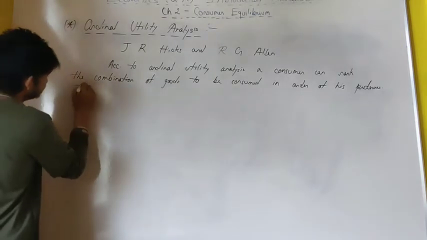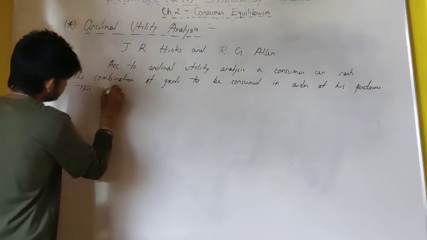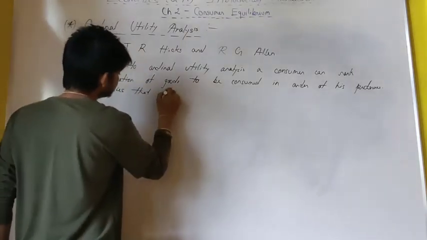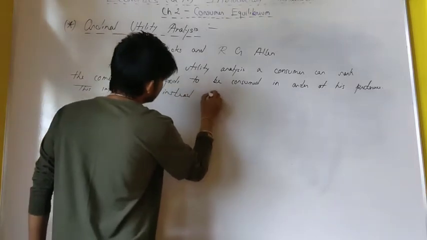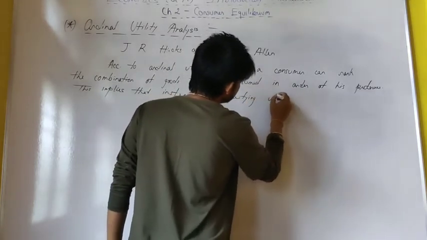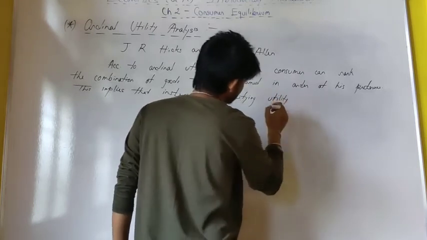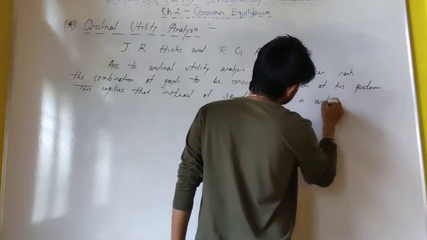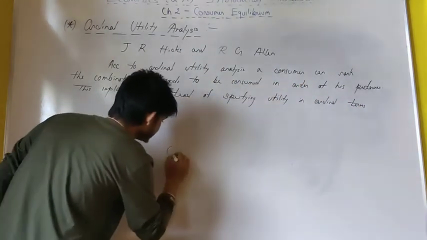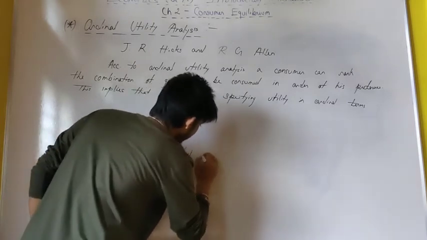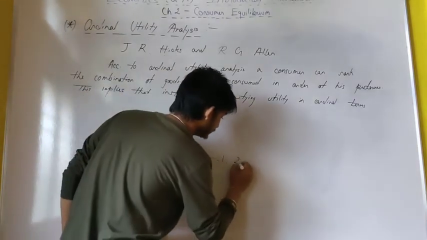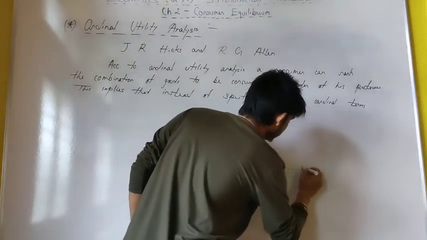This implies that instead of specifying utility in cardinal terms, the cardinal utility analysis used a concept that utility can be measured in cardinal numbers, that is 1, 2, 3, 4, and so on and so forth.